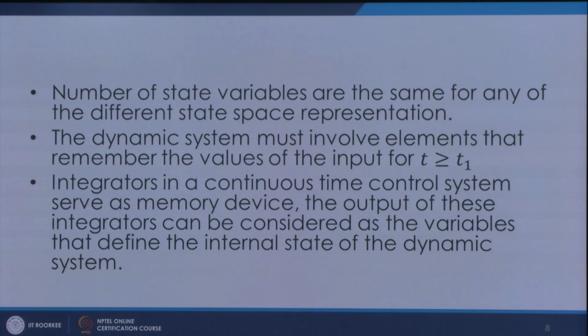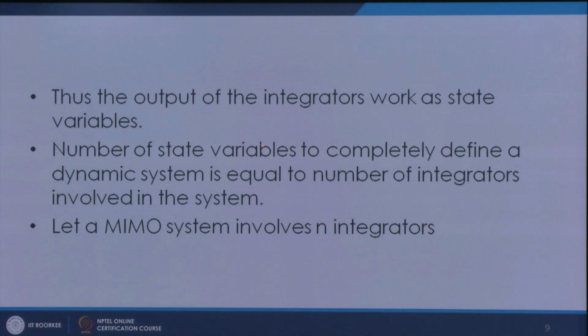So, these integrators facilitate the selection of the state variables. The output of the integrators works as a state variable, and the number of state variables needed to completely define a dynamic system is equal to the number of integrators involved in the system.